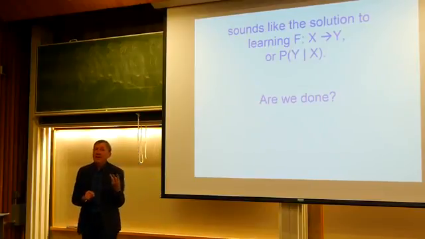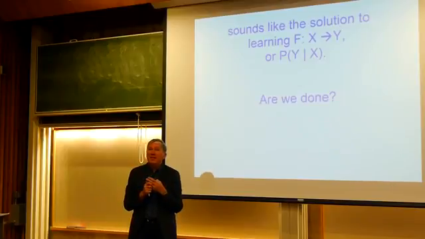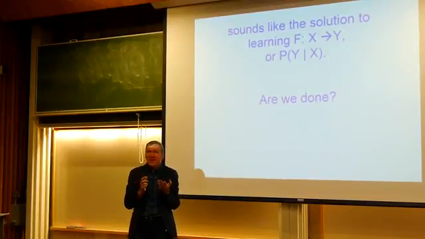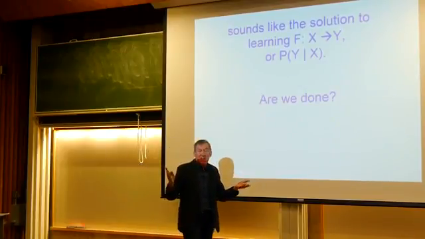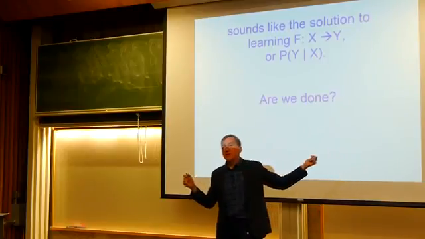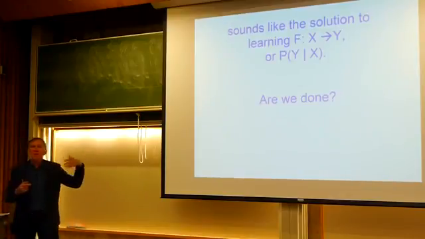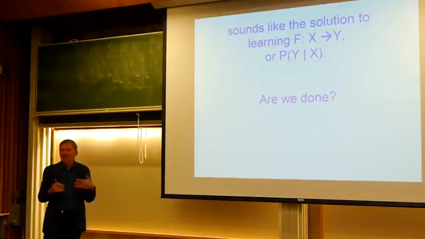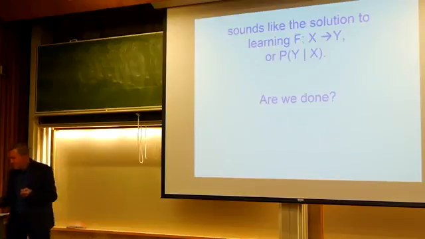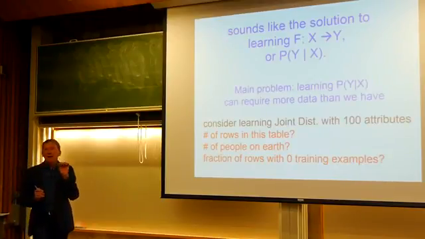Third one I would add, which really is a big problem, is it's not always easy to learn the probability distribution. Sounds straightforward. If I have a database with, let's say, 1 million people, and I have those three variables, I could estimate those probabilities pretty reasonably, right? In fact, let's think about that.